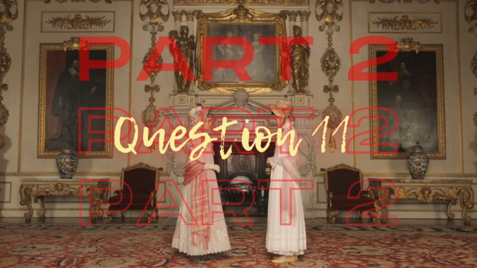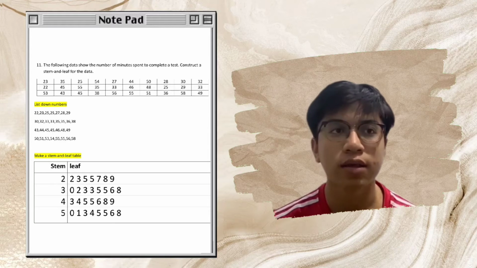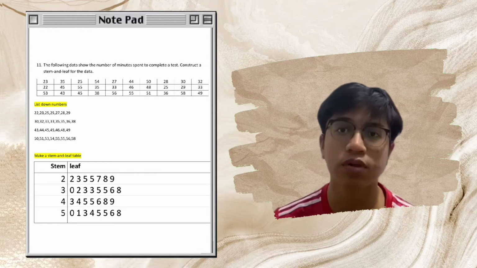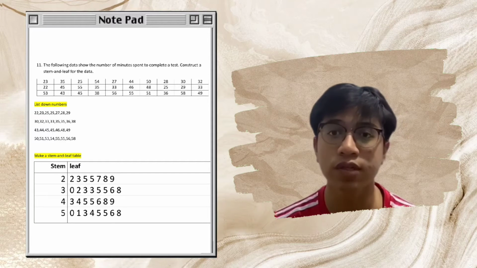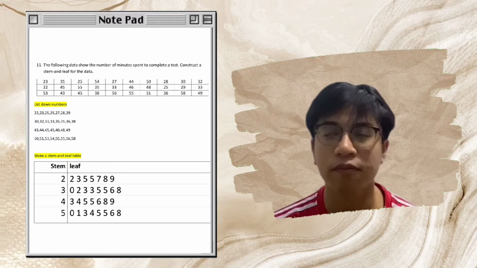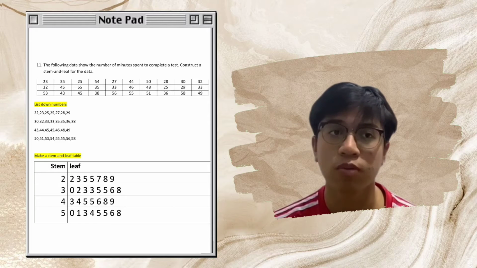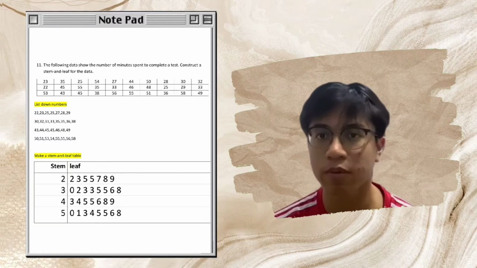Thank you. For question 11, the following data shows the number of minutes spent to complete the task. Construct a stem and leaf table for the data. First of all, we can solve this question by listing down the numbers according to their stem. We get the stem from the first digit of each number, so from these numbers I've got the stems 2, 3, 4 and 5.